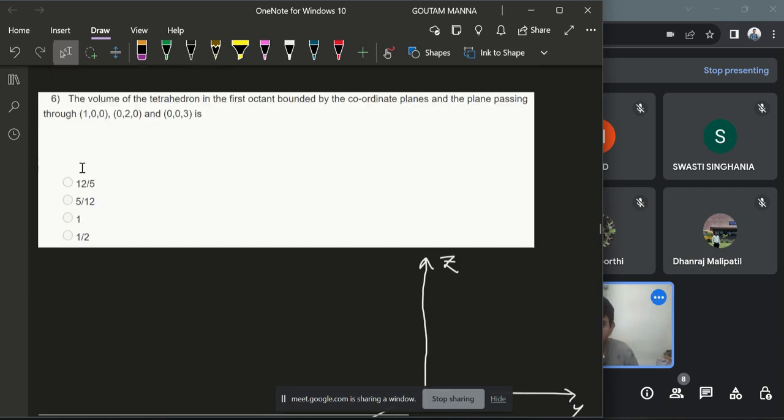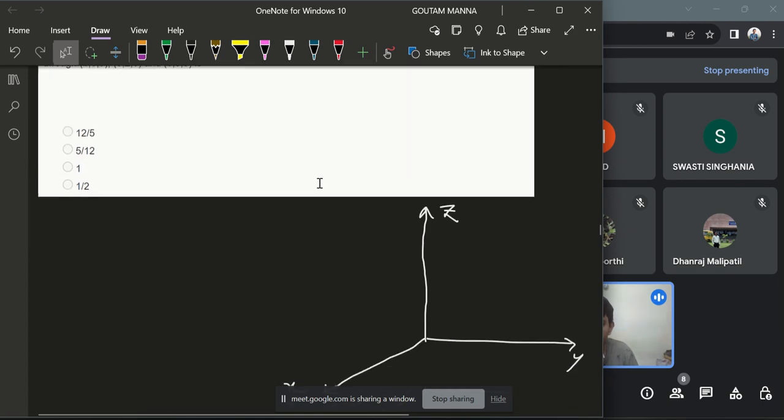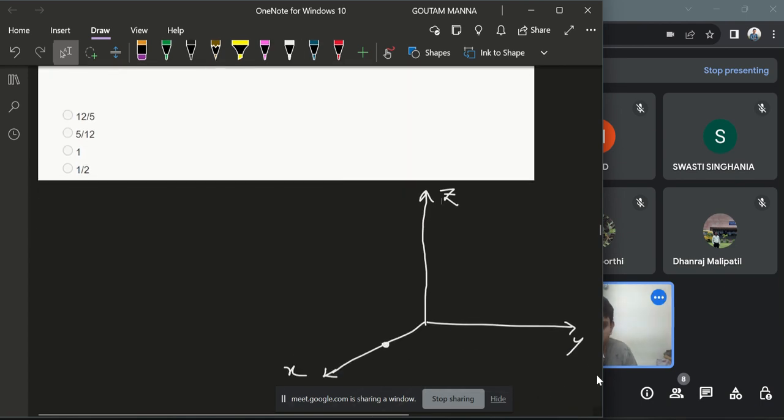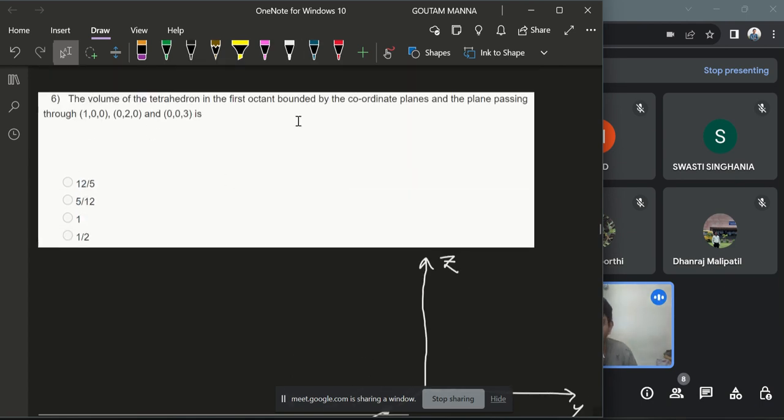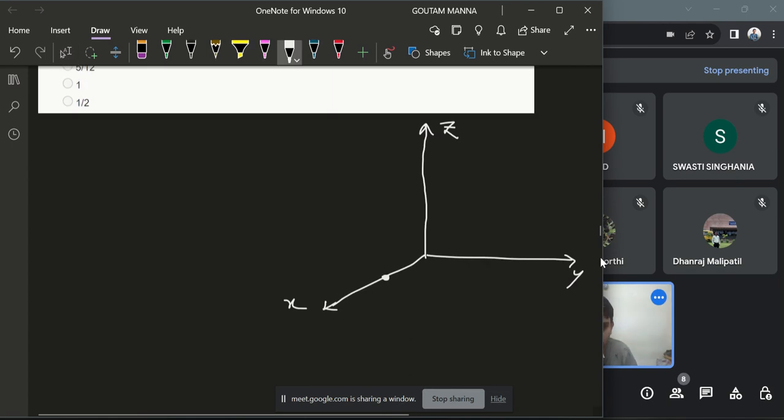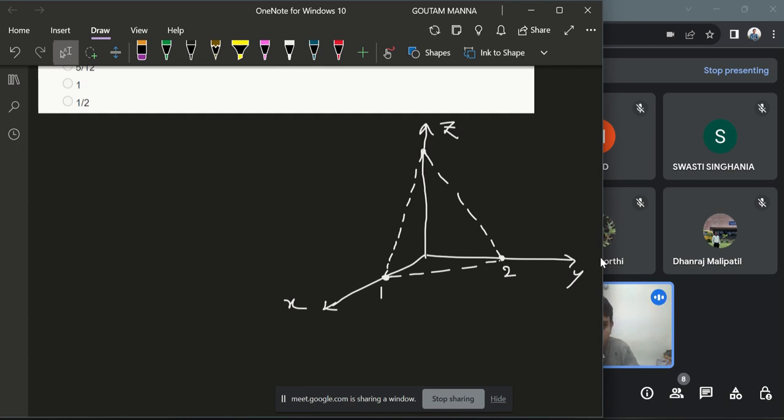It is passing through (1, 0, 0), so it is passing through this point. The plane will be passing through (0, 2, 0), this point, and this point. This is 1, this is 2, this length is 2 and this length is 3.